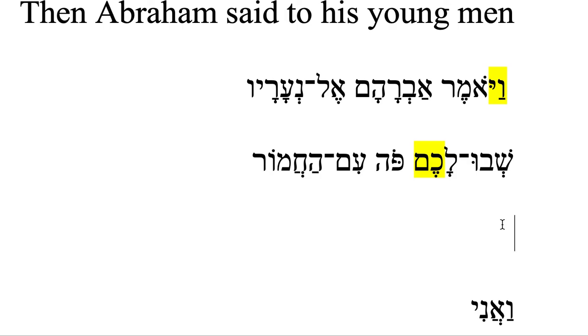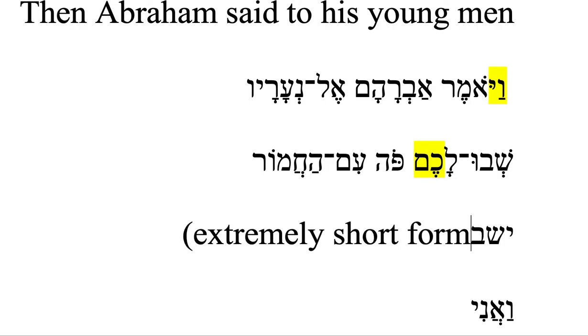On the exam, I would tell you that this is from the root yashav. Okay, this is the root, but you can then do the rest. So what happened here when you're looking at this verb and you're trying to parse it? The hint here is extremely short form, right?